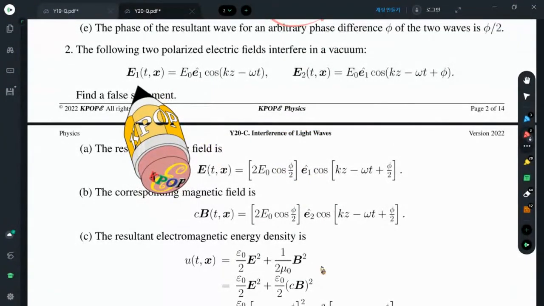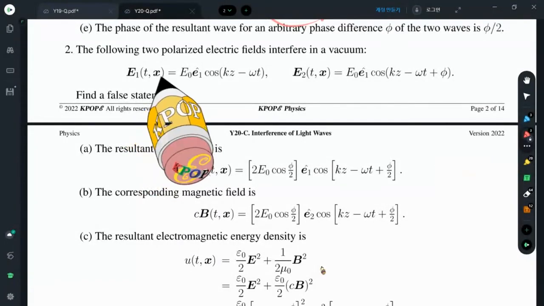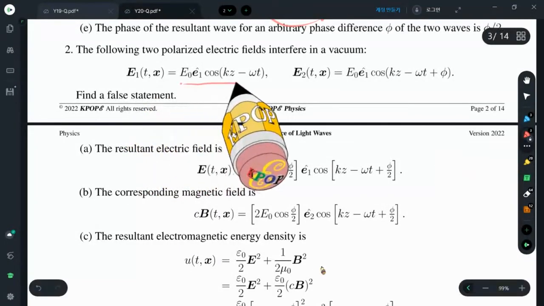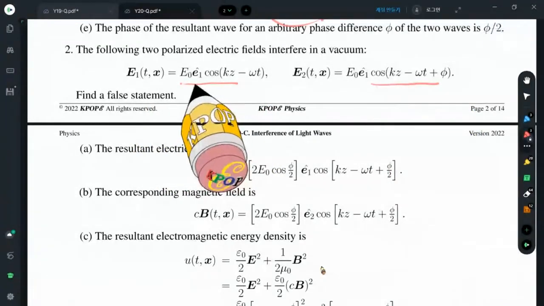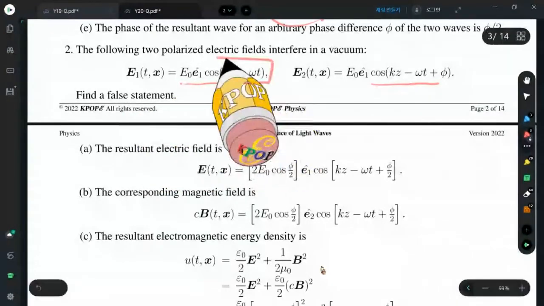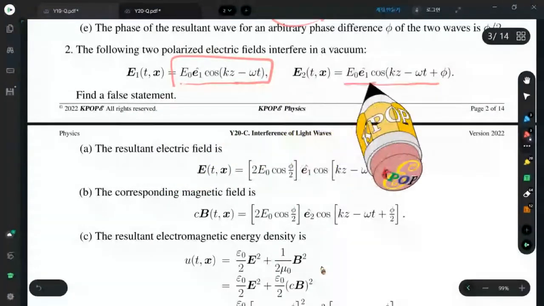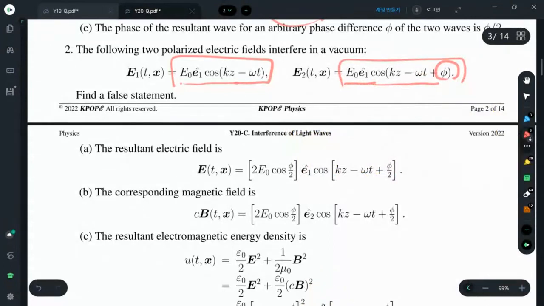Electromagnetic wave propagating in space has two contributions. We have a wave, and there is another wave with a phase difference.